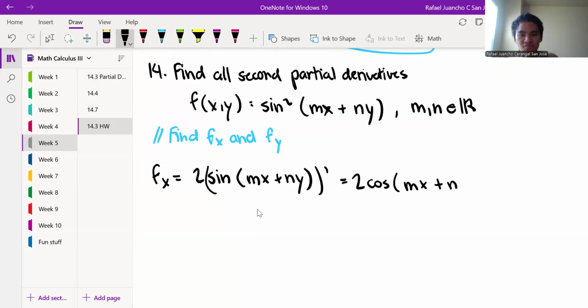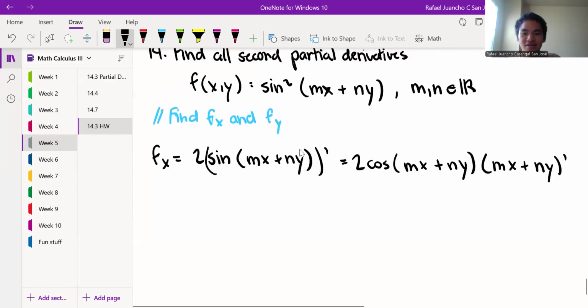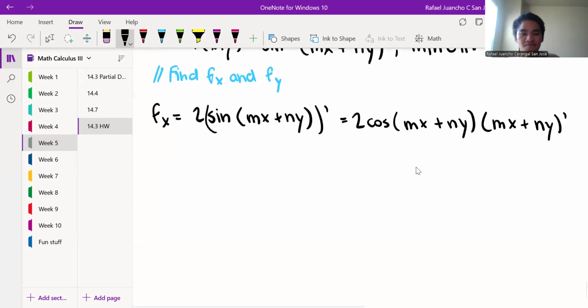Then I take the derivative of the sine, and that's cosine of this. Then I take the derivative of the inside. Notice how I'm peeling off everything. Here I treat y as a number and x as a variable.